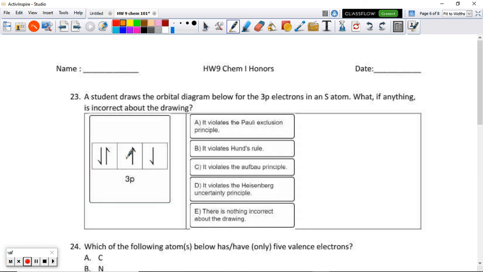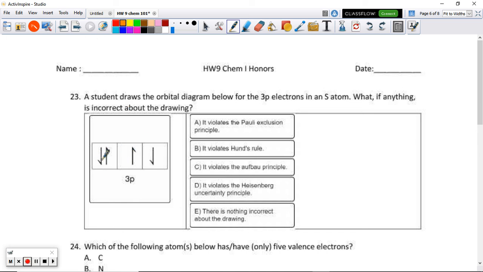All right, moving on. Number 23. A student draws an orbital diagram below for the 3p electrons in the S atom. What, if anything, is incorrect about the drawing?